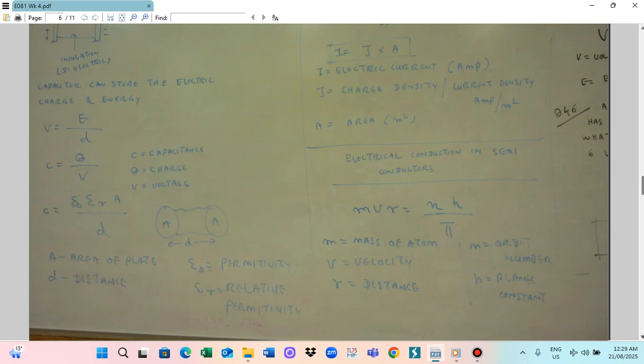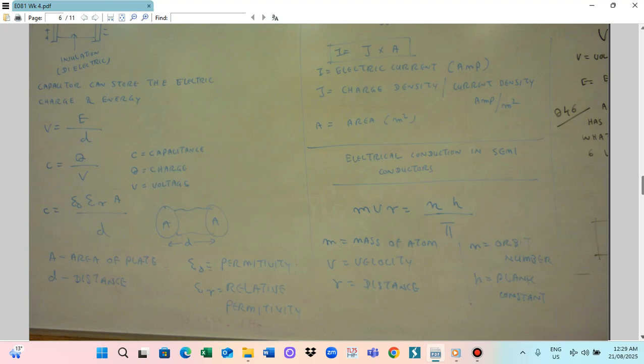Here, m is the mass of the electron, v is the velocity, r is the distance, n is the orbit number, h is the constant, pi. This is the equation to calculate the electrical energy.